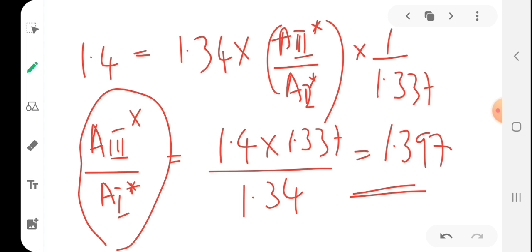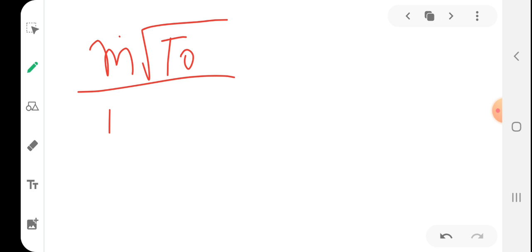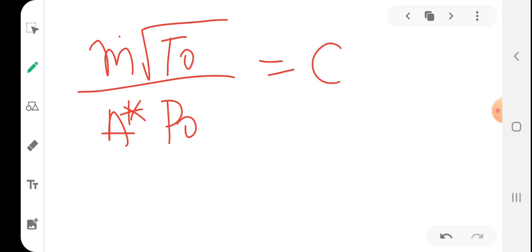So students, why are we trying to find this particular ratio? What is the use of this ratio? If you want to understand the use of this ratio, you should know that for an isentropic flow, you have learned that m dot into root T0 by A star P0 is equal to a constant.